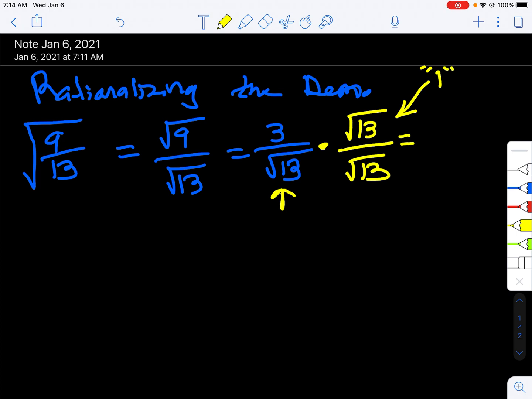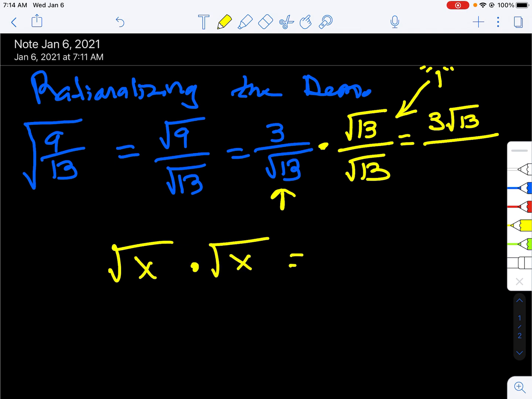Now, what that does in our answer, well, 3 times the square root of 13, that's all good. Now, what we talked about yesterday, and hopefully you're getting a good feel for, is that anytime we do a square root of something times the square root of the same thing, it would be just that number. So square root of x times the square root of x would just give us x.